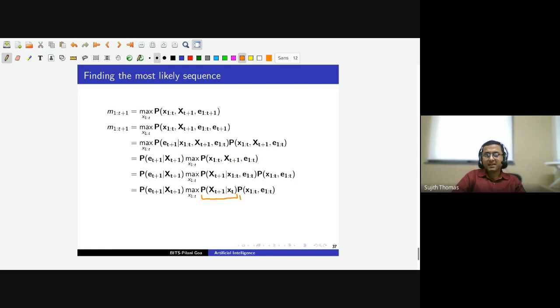And this last thing is nothing but the message that is passed from time step t to time step t plus 1. So what is this joint probability? This joint probability is what maximizes the probability, because we are trying to maximize with respect to x1 to t. So this is exactly what the message at time step t calculates.